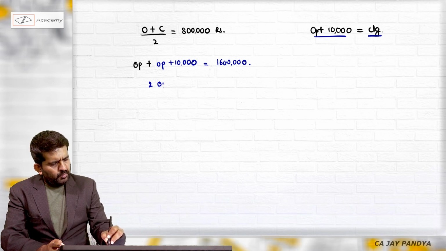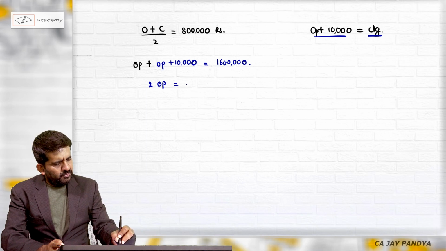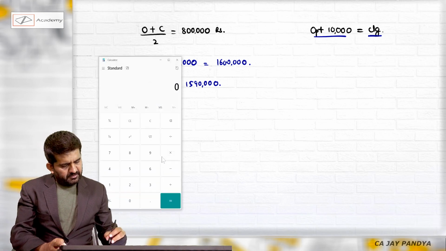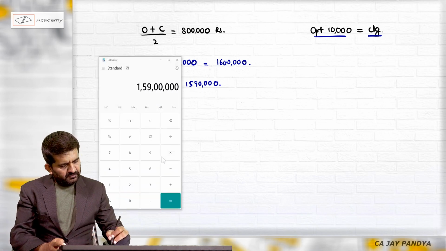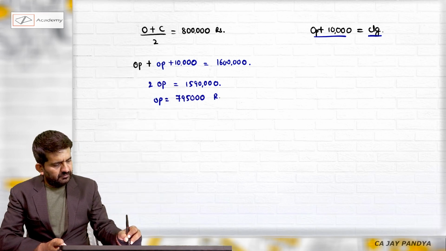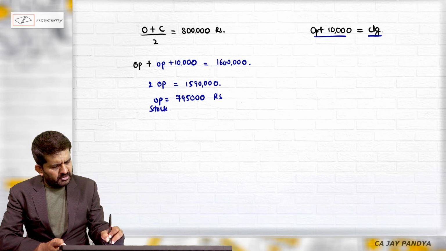So 2 opening is equal to 15 lakh 90,000. So opening will be 15 lakh 90,000 divided by 2, 7 lakh 95,000, which is opening stock.